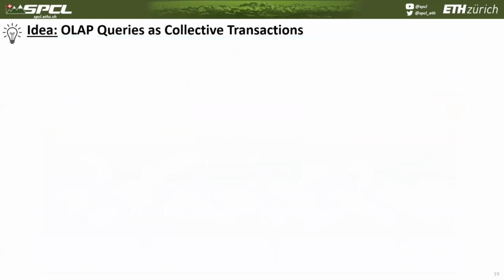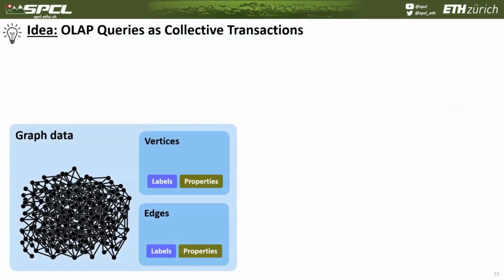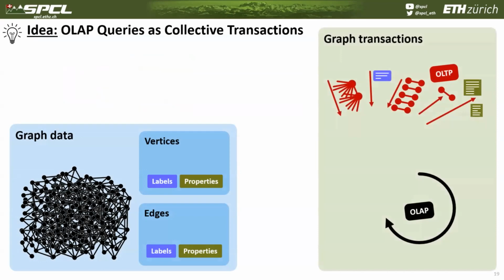Now let's take a look at one of the design ideas that we have in the GDI standard, namely formulating OLAP graph queries as graph collective transactions. So we have, as a set of routines, routines for manipulating graph data with its vertices and edges. Then we also have graph transactions that are used to manipulate this data. And the scope of these graph transactions spans both the OLTP and the OLAP queries.